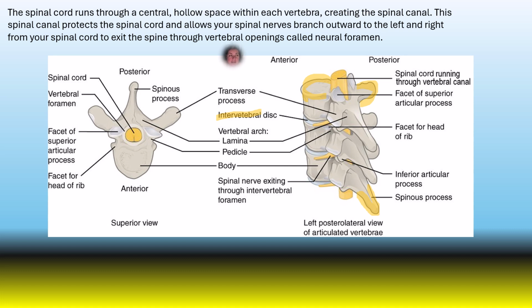Okay, they go laterally from your spinal cord to exit the spine through the vertebral openings called the neural foramen, or more often, the intervertebral foramen. Okay, that is where these pairs of spinal nerves are coming out. Your spinal cord is coming up through the middle hole, your spinal canal in between your vertebrae, and then these spinal nerve pairs are branching out through those intervertebral foramen.